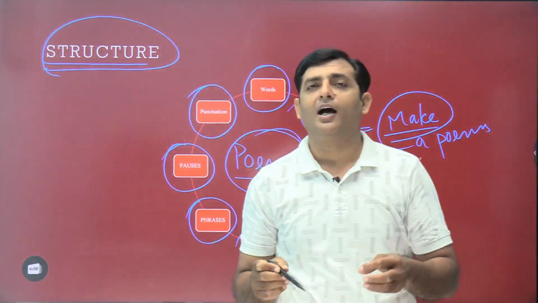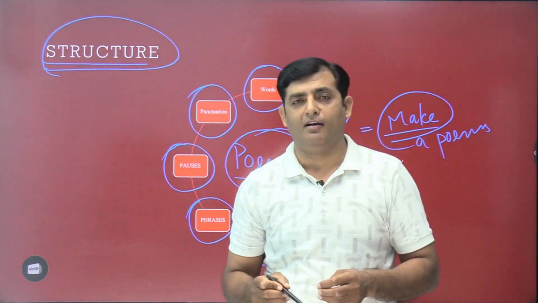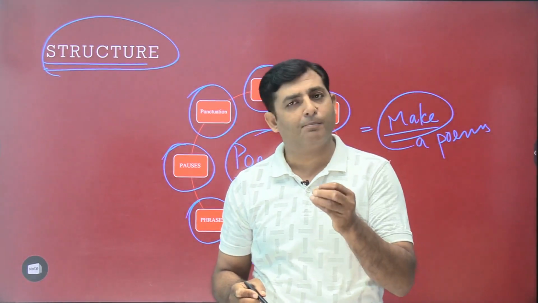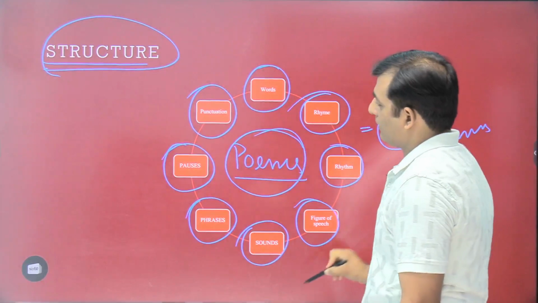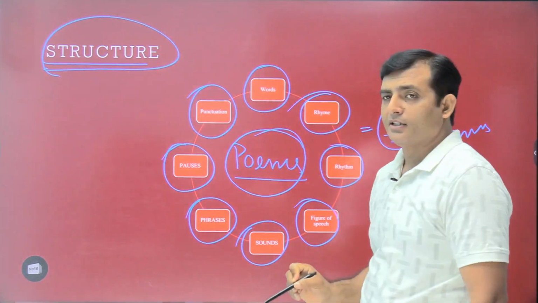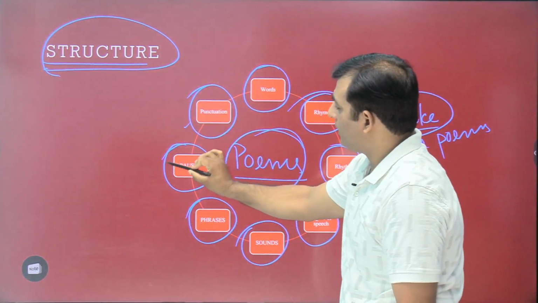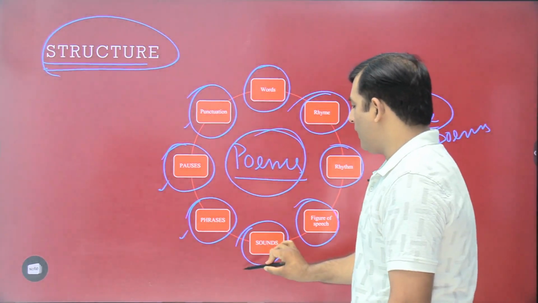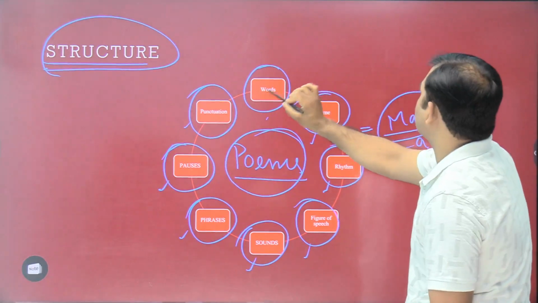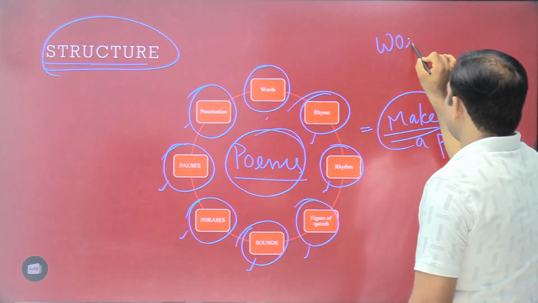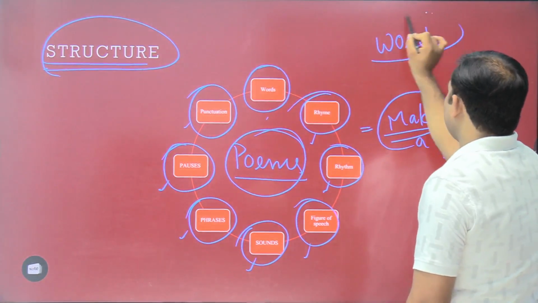Here we are analyzing a piece of poetry. A poem is made by all these things, which means all these things have their meaning in relation to each other. If you put words here, they won't have any meaning.